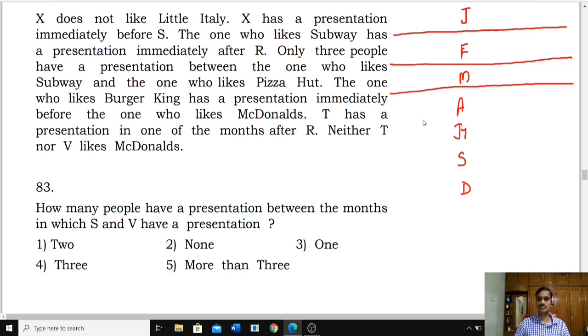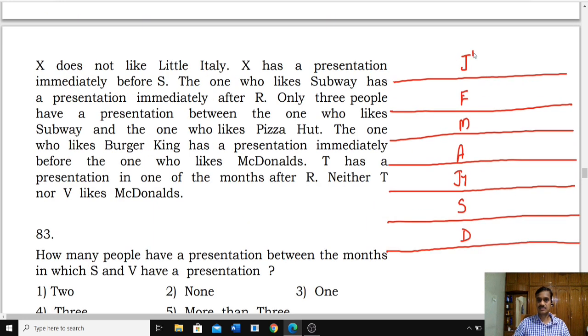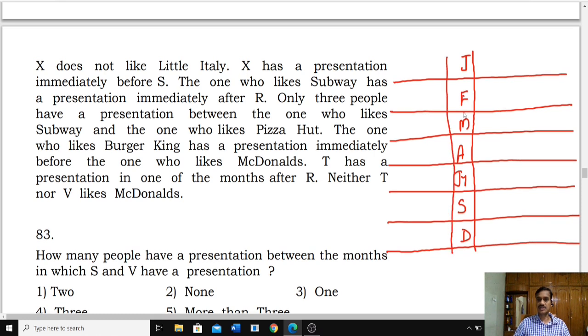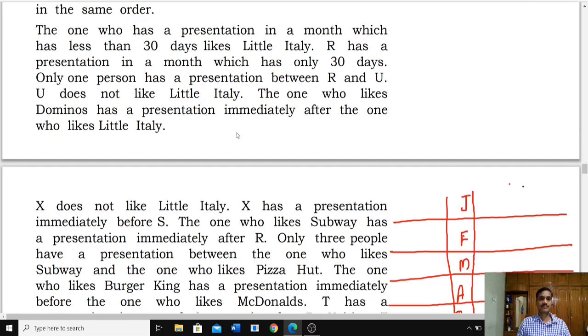And at the same time, we need to identify the person, and the food joint that person likes. Hence, first we have drawn the months at the center. Then afterwards, we are extending the lines like this.